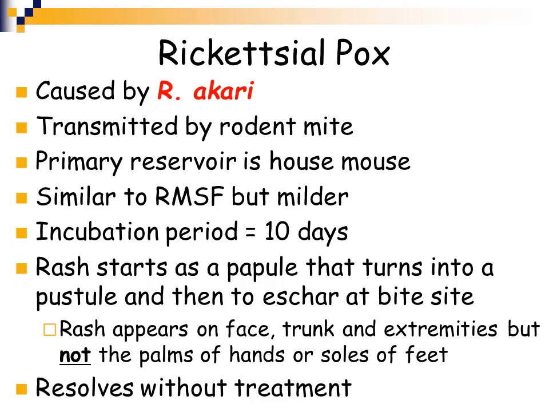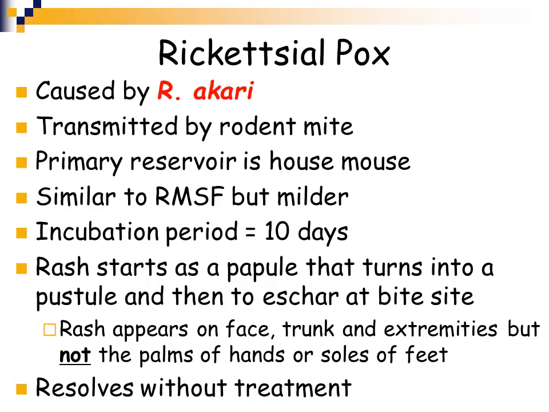The incubation period is about 10 days, and in this case the rash starts as a small papule, like a little tiny bump, that turns into a pustule, and then it necroses and forms that eschar, where the tissue dies and the skin turns black at the site of the bite.